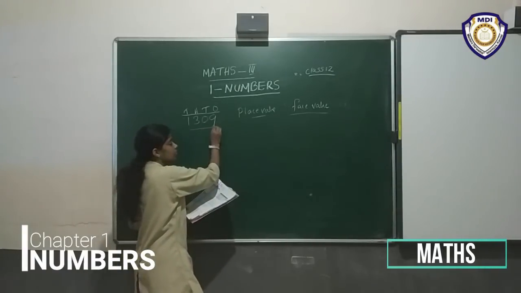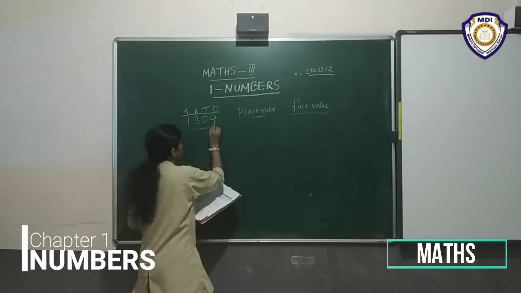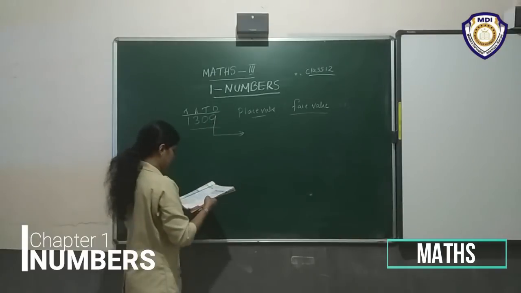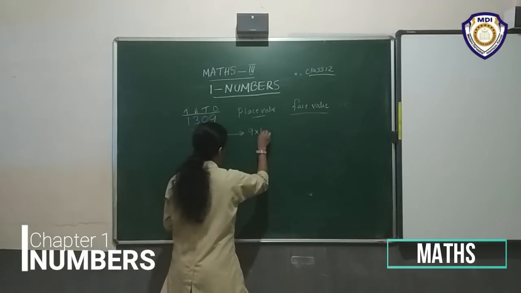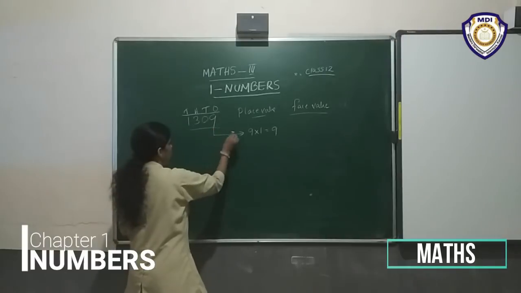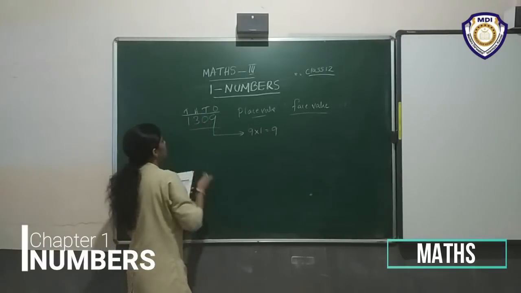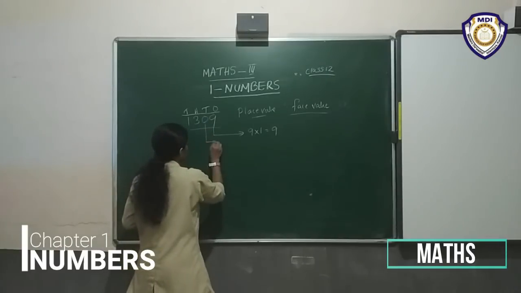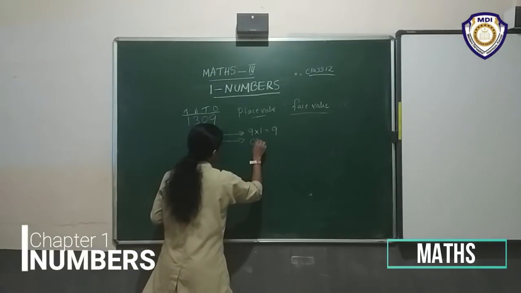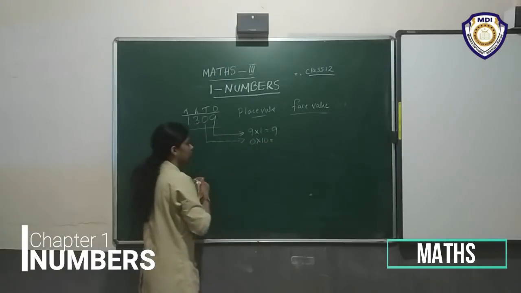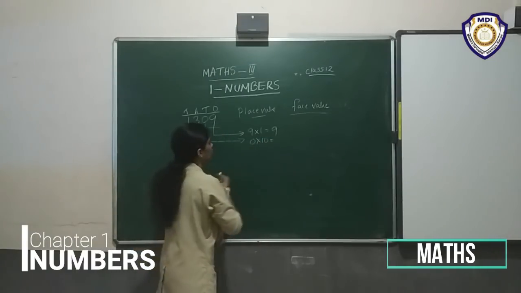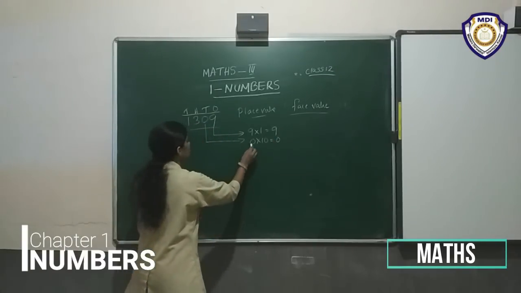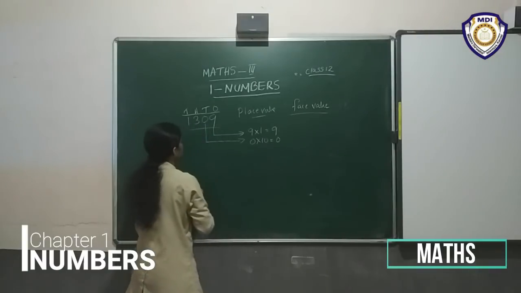Place value of 9. 9 is in the ones place. 9 into 1, 9. Then place value of 0. 0 is in the tens place. 0 into 10, 0.